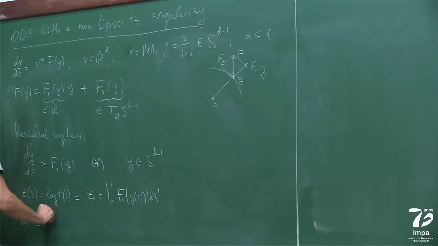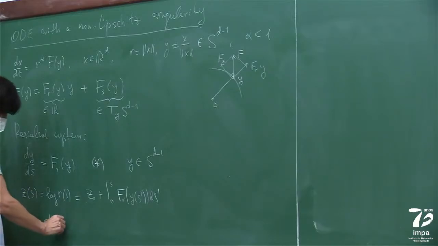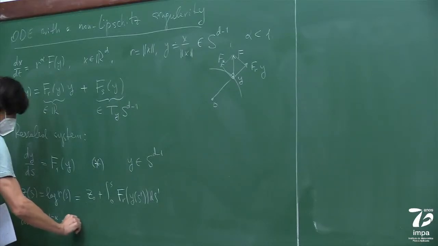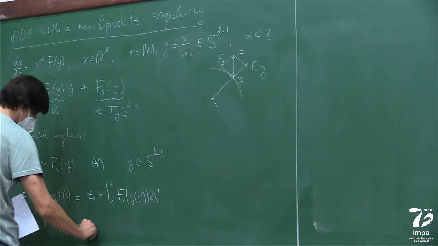We rescale time with a factor which is a power of the distance, which gives you the equation for the time.